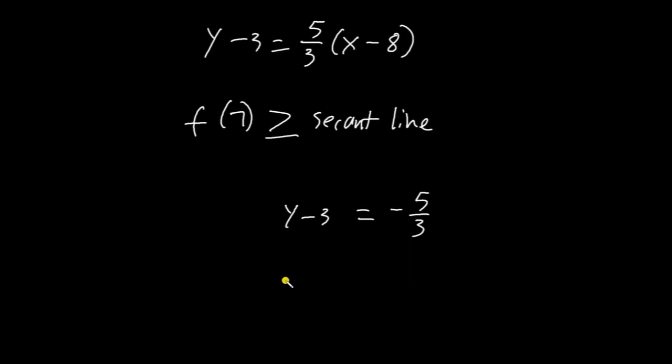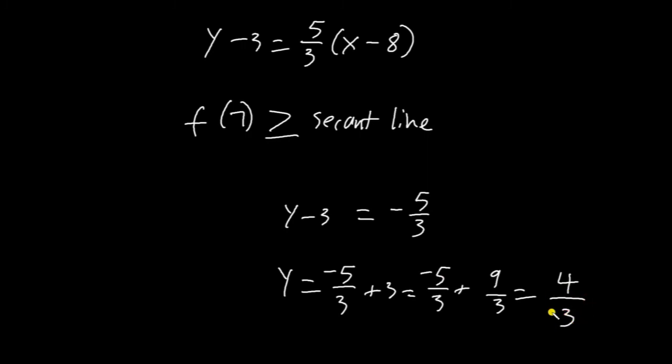Now we add 3 to both sides, so y is equal to negative 5 over 3 plus 9 over 3, which is 9 minus 5, which is 4 over 3. So the secant line gives us 4/3, and we know f of 7 is actually greater than or equal to that, so we can say that f of 7 is greater than or equal to 4/3.